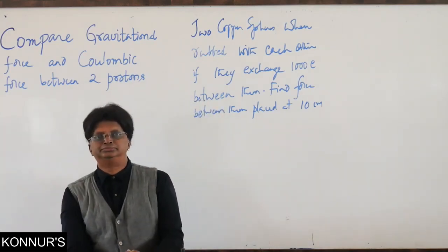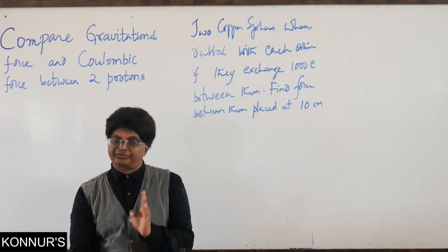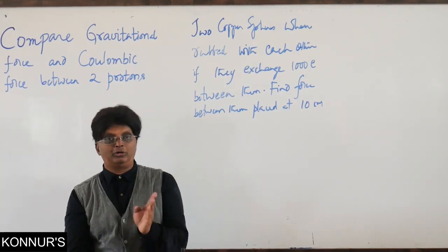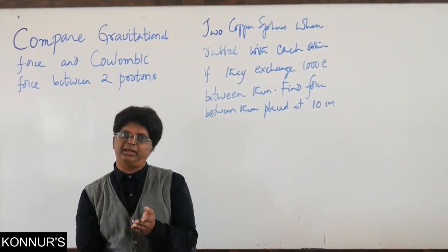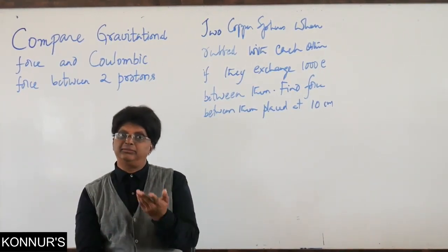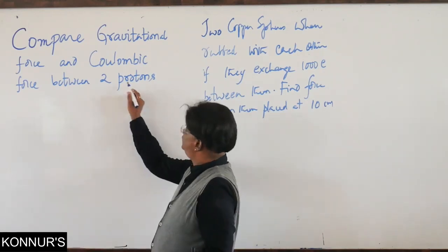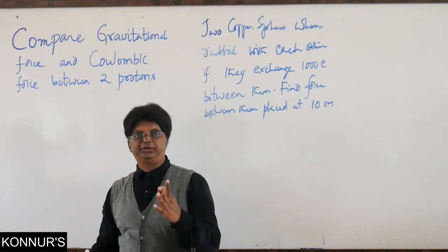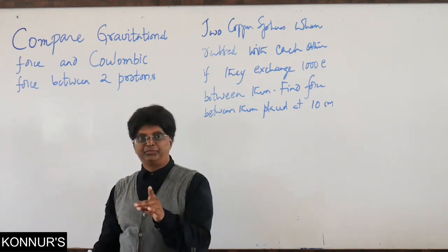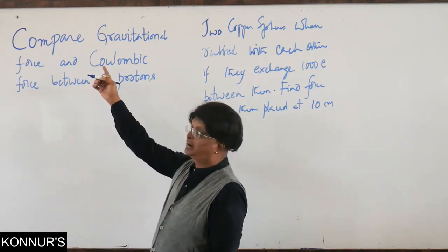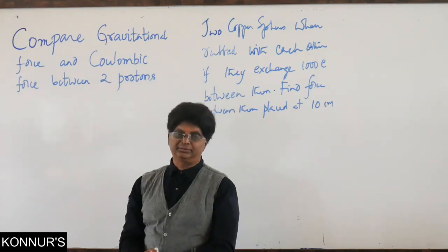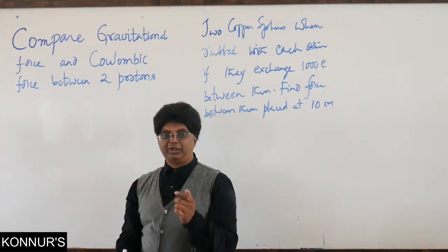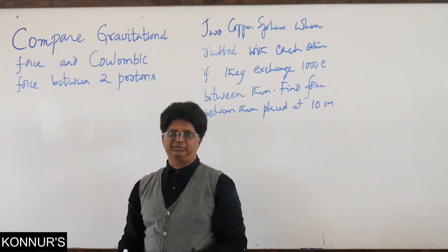I have not asked you to evaluate the gravitational force between two protons or the Coulombic force. It is only a comparison that is asked. Even if a distance of 5 cm or 10 cm is given, it is simply asked to compare, not to evaluate. Comparison means we give a one-line answer. If we want to evaluate, we do that simple calculation.